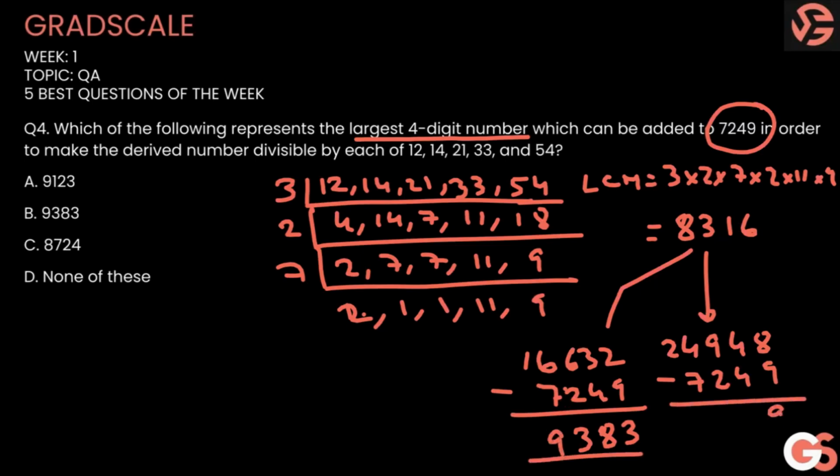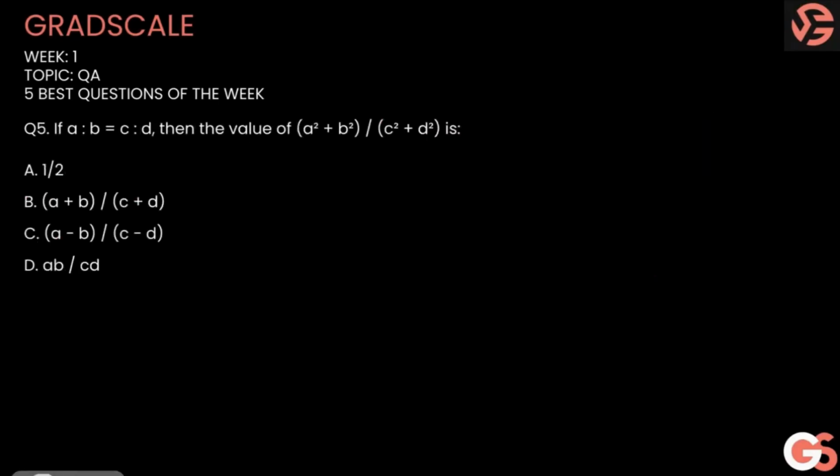And this comes up to be 17,699. So you can of course see that 9383 is a 4-digit number. So hence B is the answer and not this, because this comes up to be a 5-digit number. So clear? All right. Let's go to the last question of the day.